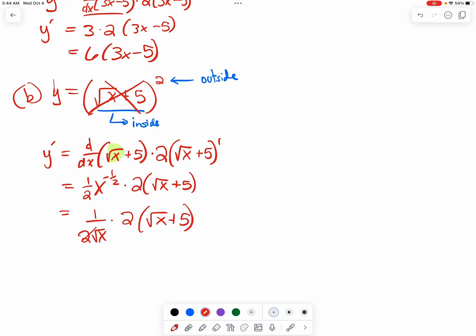And those 2s cancel, and we have radical x plus 5 over radical x. And if you wanted to simplify that, since we have a common denominator, that is 1 plus 5 over radical x.